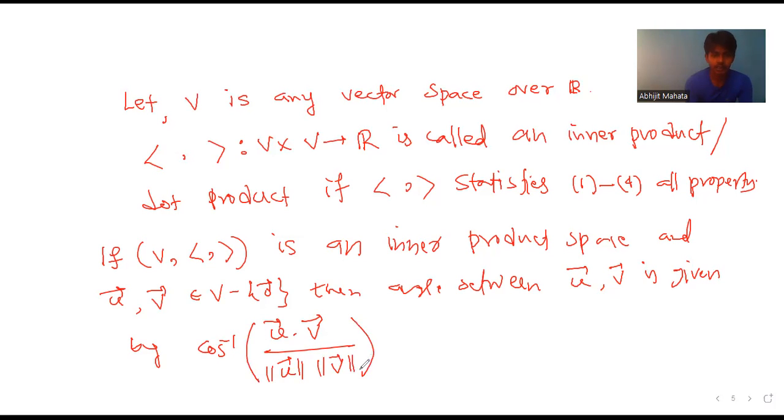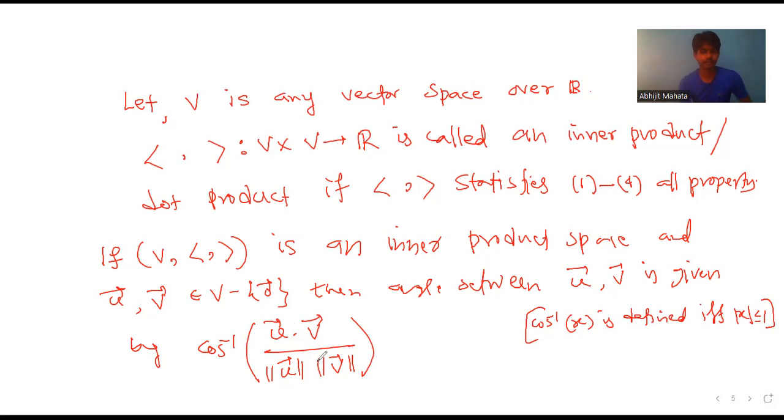Now the question is, does it always exist or not? It will exist because cos inverse x is defined if and only if the modulus of x is less than or equal to 1. So this will be defined if we can guarantee that this is always less than or equal to 1.